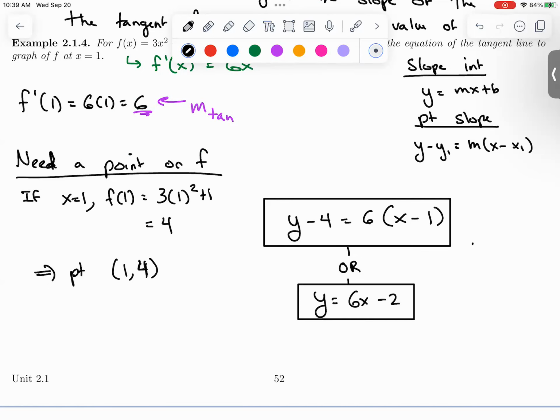So we found the slope, and then we found the point by plugging the x value into the original function. And then we could use that with point slope form, or you could solve for b by doing the y equals mx plus b situation.